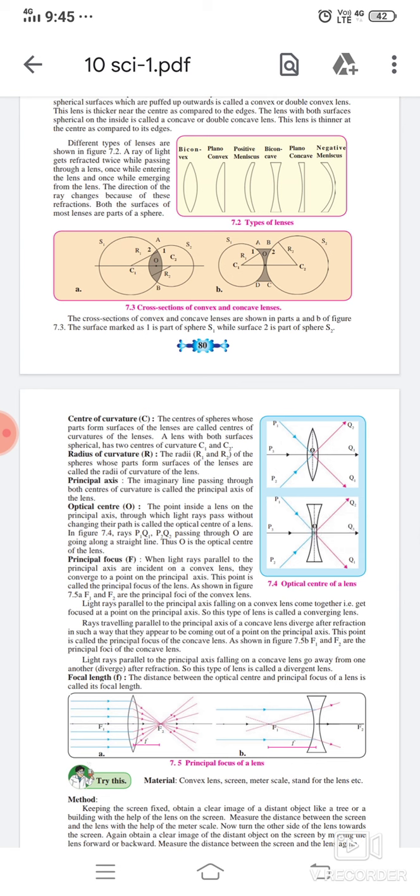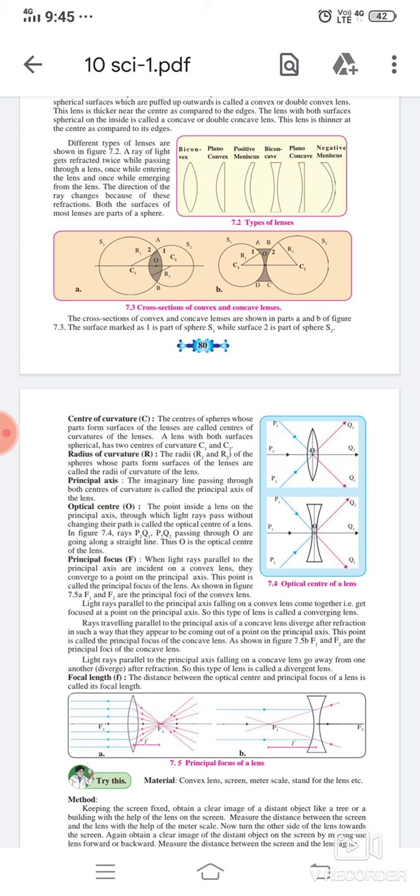And this type of lens is called a divergent lens. Why? Because they are not coming to one point, they go away from each other. See F1 and F2, are they coming to F2? No, they are diverging, separating from each other. That's why this type of lens is called the divergent lens.